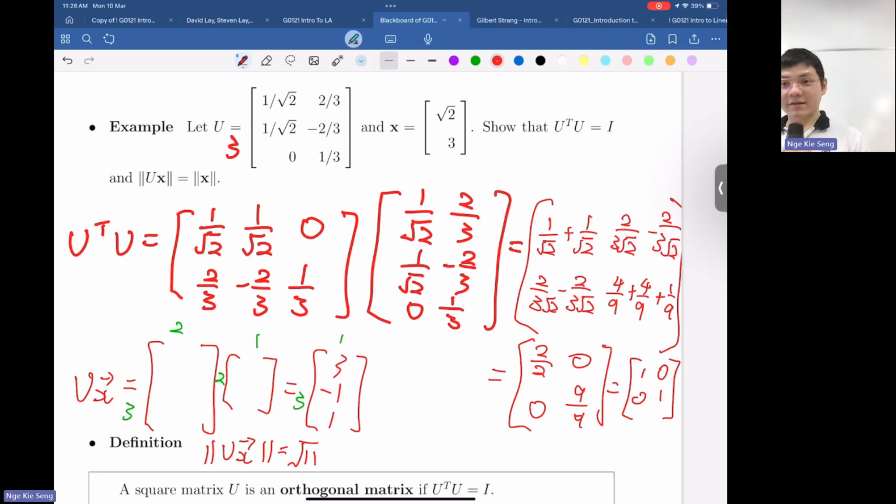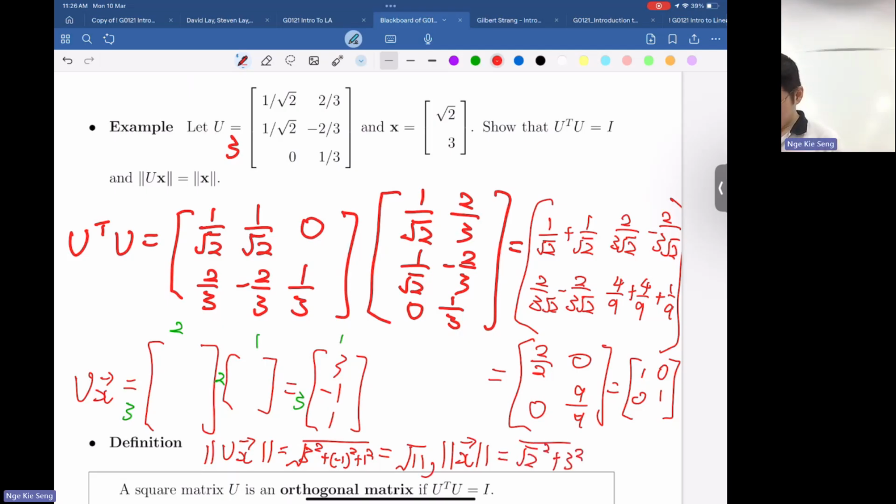Okay, so how do you compute it? 3 square plus 1 square plus 1 square. Good. And then we need the length of x also, right? The length of x is square root of 2 square plus 3 square, which is also square root 11.